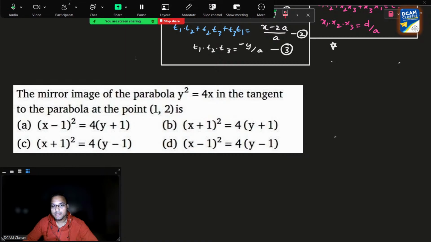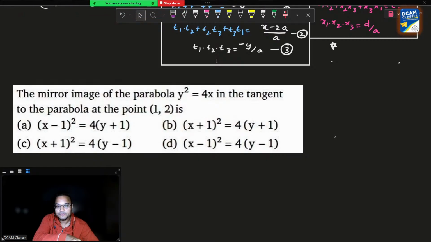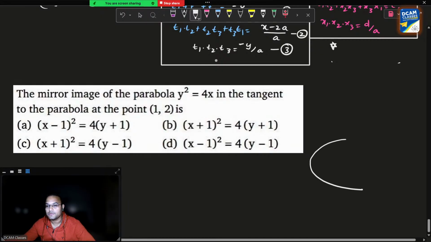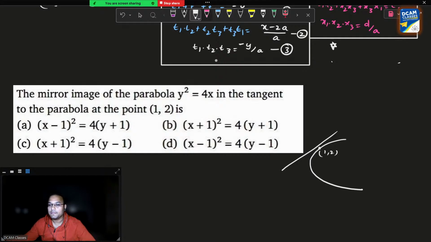Acha, Diva, Haripriya, you are incorrect. Shiva, are you able to get the idea how to solve it? Yes, sir. First, you have to find out. See, the concept is first you have to find out the equation of tangent to this at a point 1 comma 2, and then you have to take a random point on the parabola, find out its mirror image with the formula that you have. x minus x1 by a is equal to y minus y1 by b is equal to minus 2 into (ax1 plus by1 plus c) by (a square plus b square), that formula that we have used earlier.